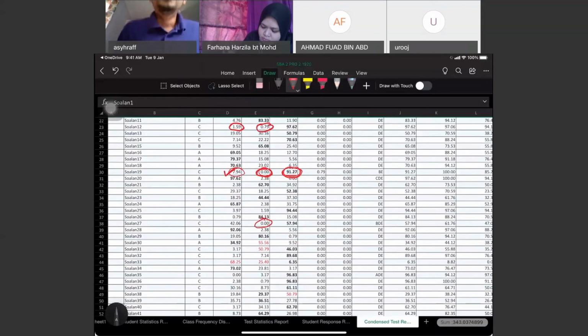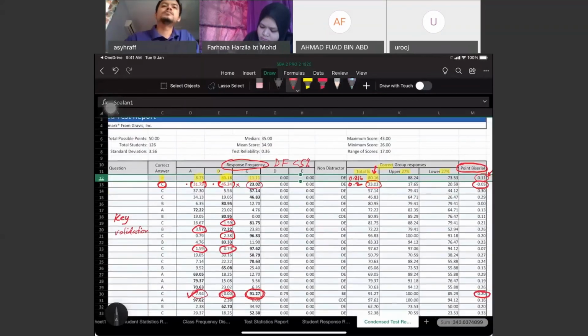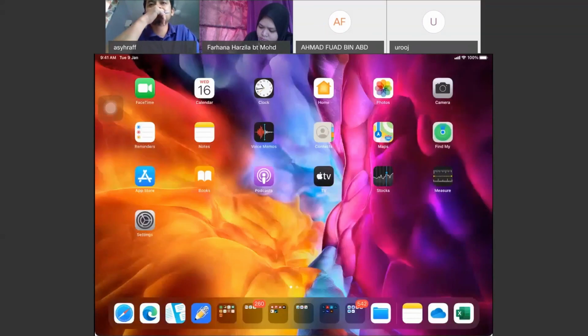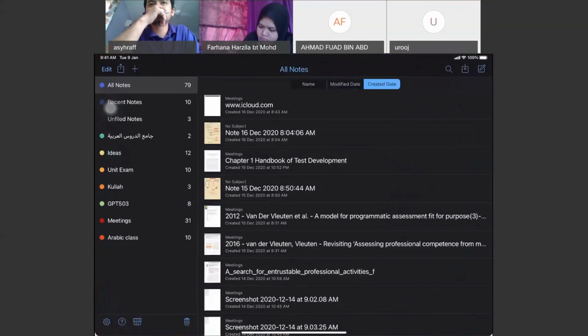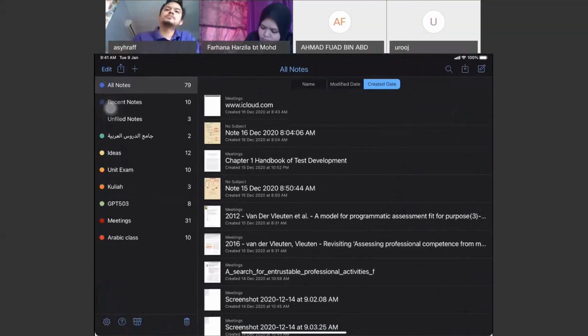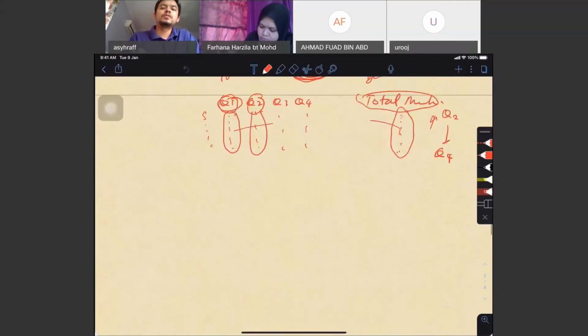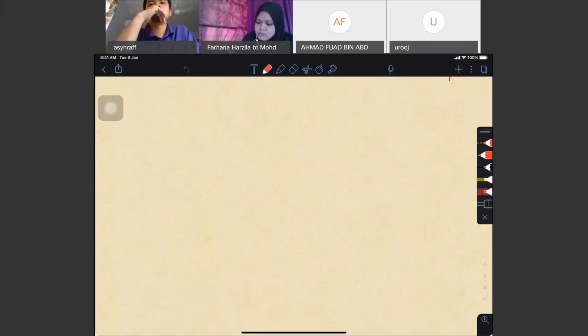Okay. So that's the function of item analysis. Item analysis is ideally done in a situation where you have an item bank.